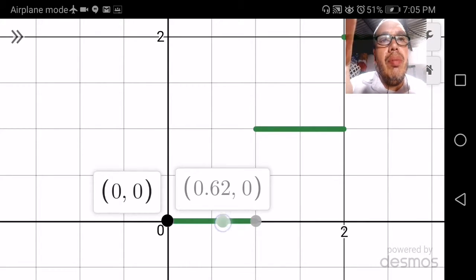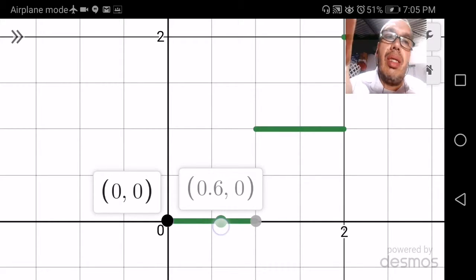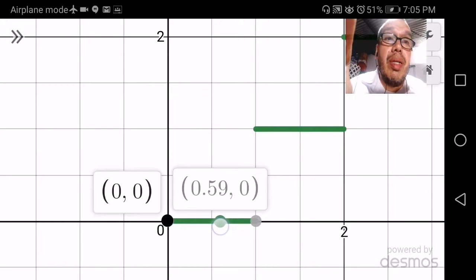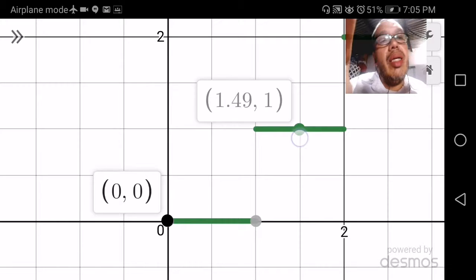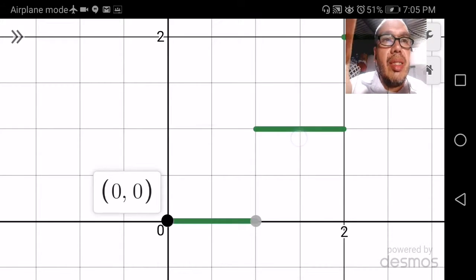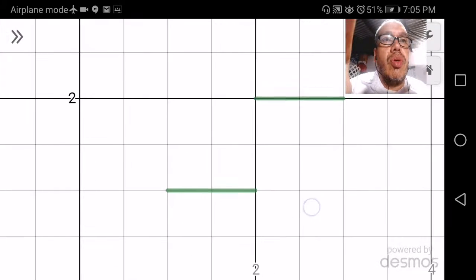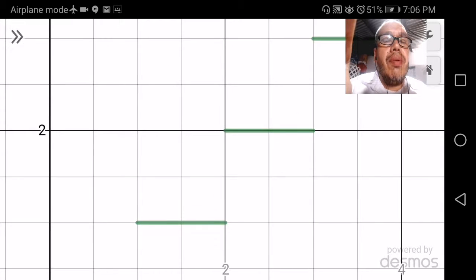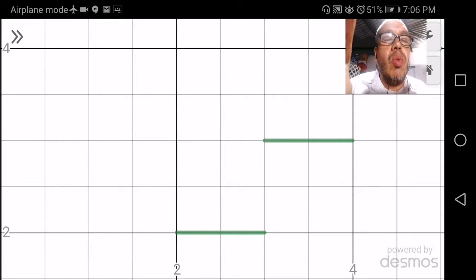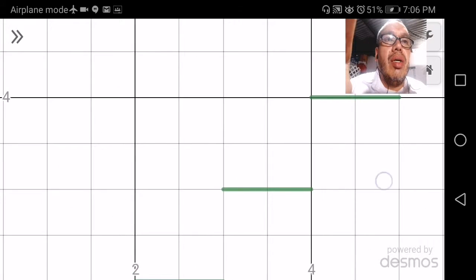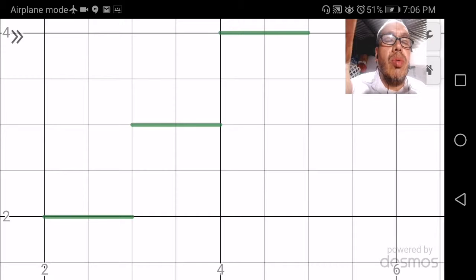So for example, the floor function of 0.6 is 0, because that's the integral part of that. The floor function of 1.49 is 1, because that's the integral part. And so this function makes one step, 1 unit higher with each unit that you go to the right.